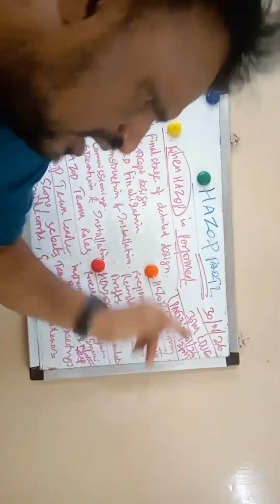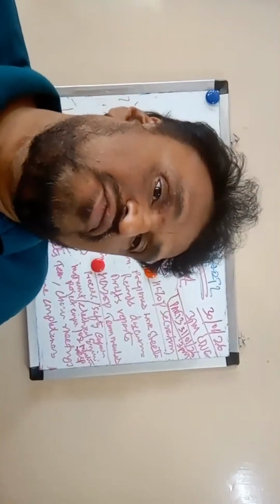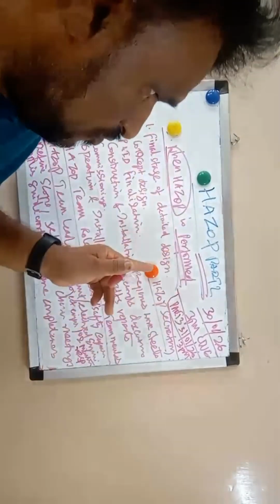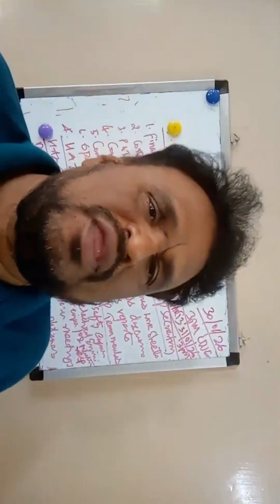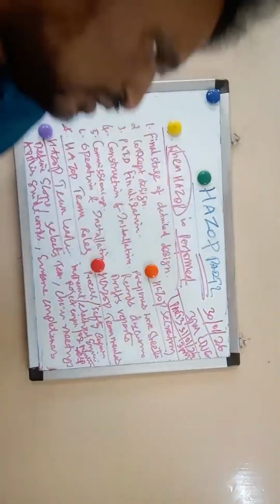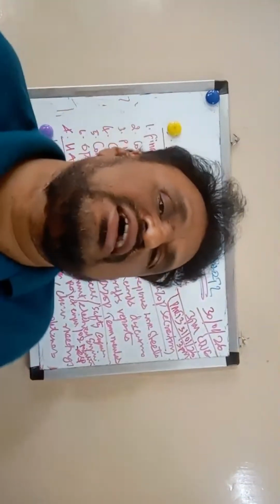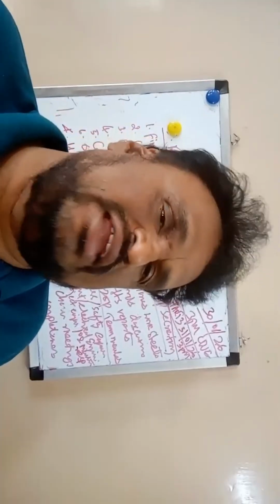Already we have Part 1. Now we are talking about Part 2. Then tomorrow at 3 p.m. we have Part 3. So please stay with this entire HAZOP series. After that we have Part 4 and Part 5 also.